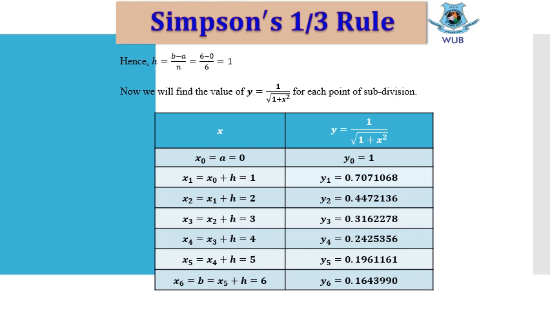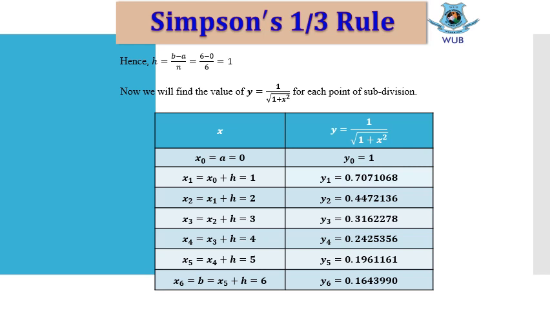Now we simply calculate the values of the equation, where you can see that there are two columns, one is x and another one is y, which is the equation's value. At first we consider x0 equals 0, which is already given in the equation, and we can find out the corresponding y0 value.